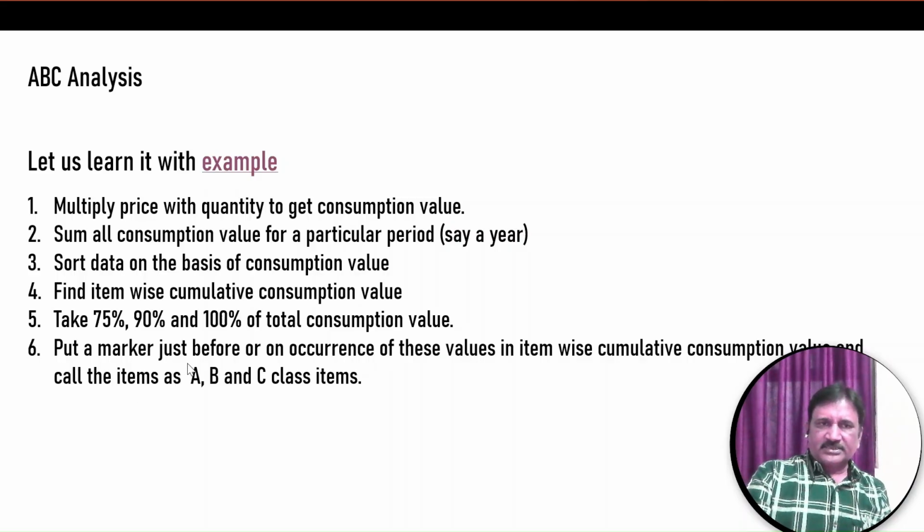Put a marker just before or on the occurrence of these values in the item wise cumulative consumption value, and call these items A, B, and C class items. Now we will be seeing how this is done practically.